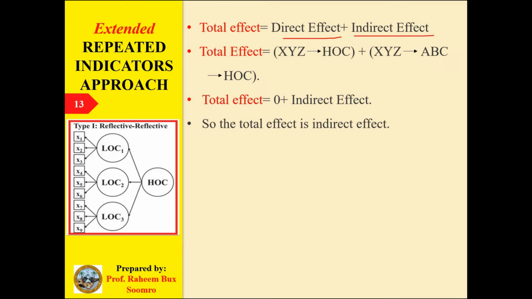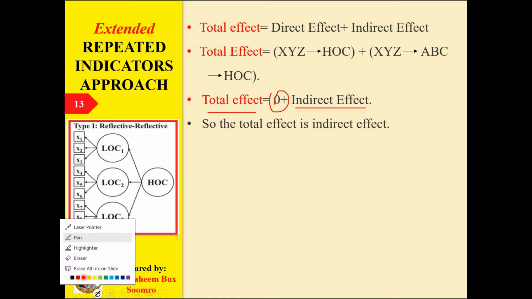The R square had already become 1, so the indirect effect was nil. Here, first we have to take the direct effect of XYZ on the HOC, and then test the indirect effect of XYZ through ABC on the HOC. Here you're looking at the total effect. Our direct effect was nil or zero, so we will consider the indirect effect. Alternatively, we can say that the indirect effect is actually our total effect.